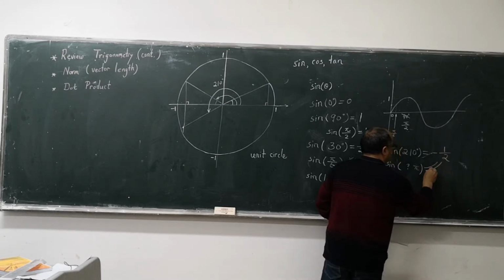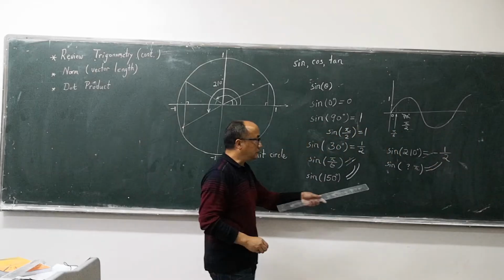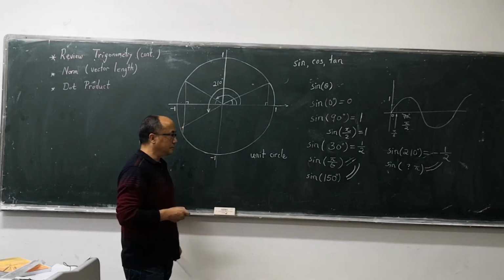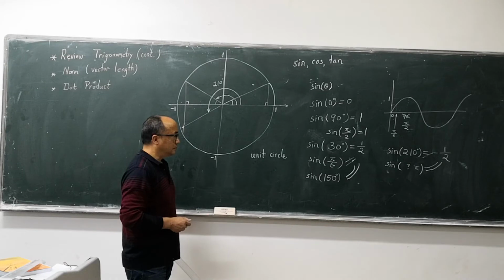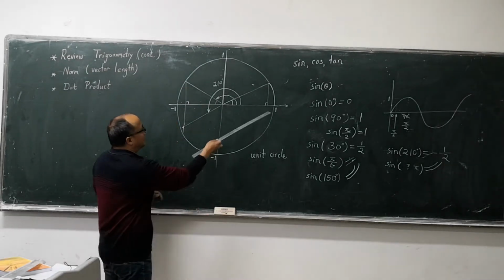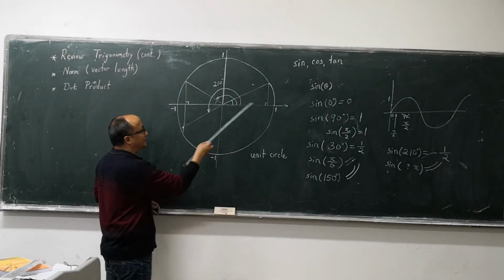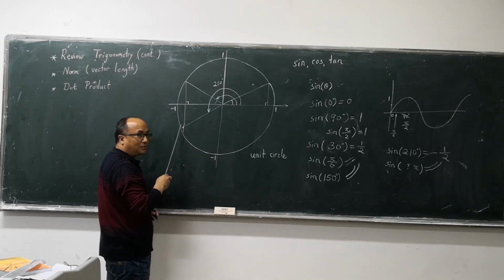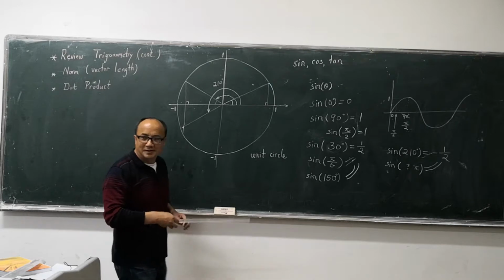And what is a pi? When you come to here, is a pi, and you get more. 4 pi by 3. Good, very good.